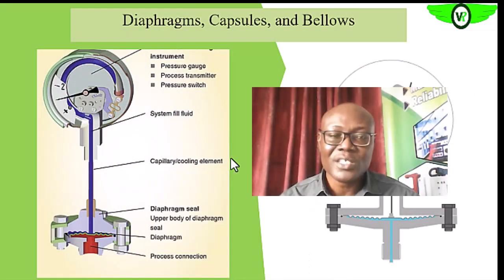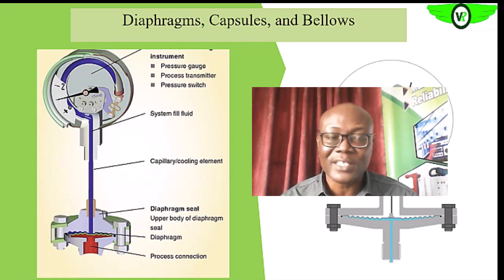So the other ones that we are going to be looking at are the diaphragms, the capsules, and the bellows. Okay, so the diaphragm, basically they are made up of a very light membrane that is capable of stretching, okay, when subjected to high pressure.